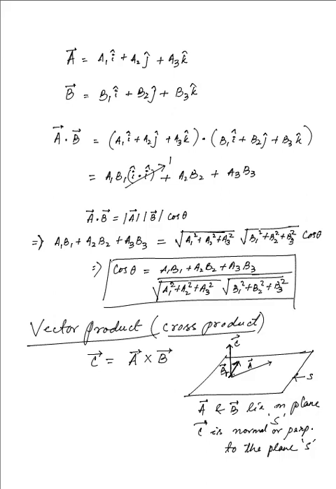Now, how do we do that? Let's just discuss the magnitude of it. C is equal to the magnitude of A multiplied with the magnitude of B, sine of the angle theta between A and B, whatever may be the angle, and here we have n cap, where n cap is the arbitrary direction of the product vector, that is C. N cap in this case is directed outwardly, as I have just represented in that figure.